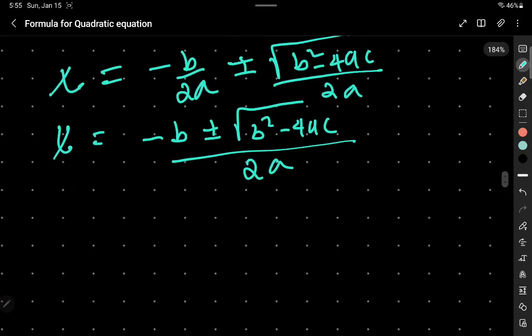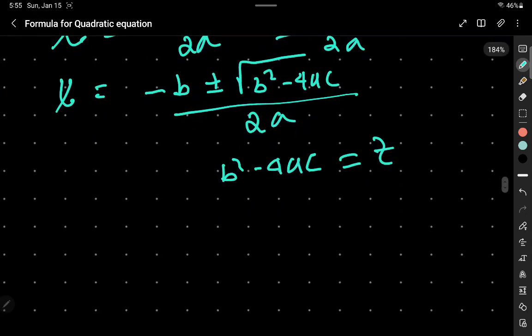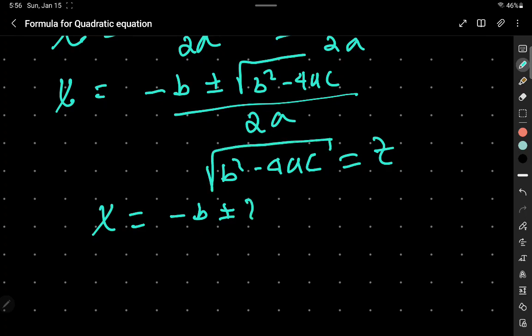You can let this b squared minus 4ac be some variable, you can call it z. So your x is going to be minus b plus or minus the square root of z over 2 times a, but your z is b squared minus 4ac. Then you solve for z first.